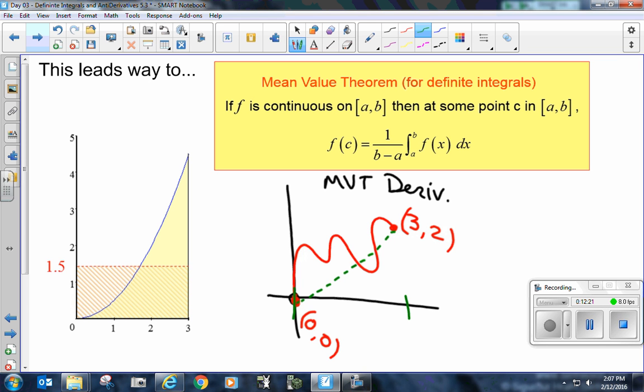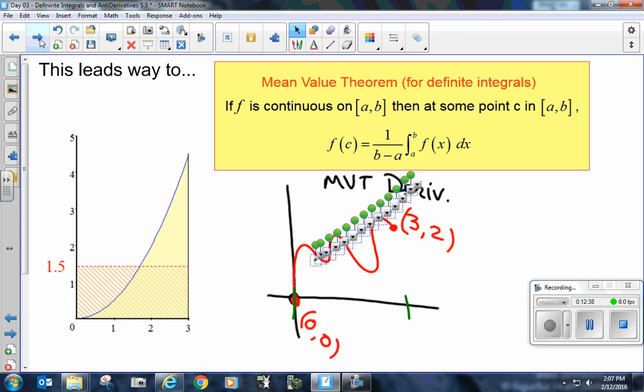So up 2/3. So somewhere on this graph, there's a tangent line right here at this point. Right here, this point down here. Boom. So yeah, there are several points. So somewhere it has to be that.